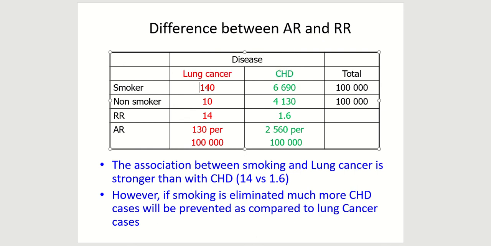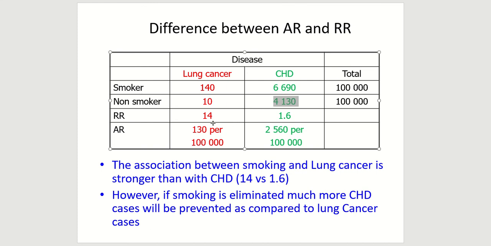And you have the incidence among the smokers for lung cancer, and you have the incidence of CHD among smokers and non-smokers. Obviously, in reality there are also those with no incident lung cancer and no incident CHD, but I'm not representing them so that I can put both in one table.